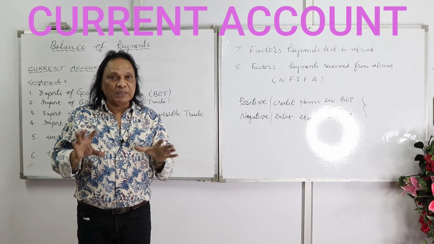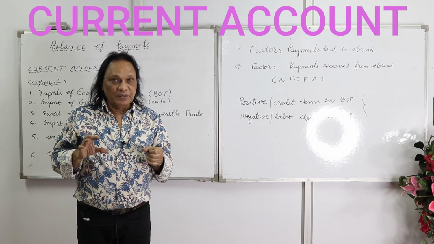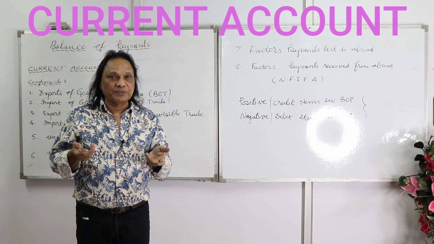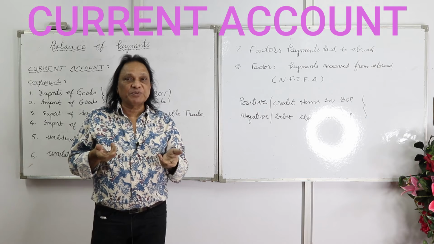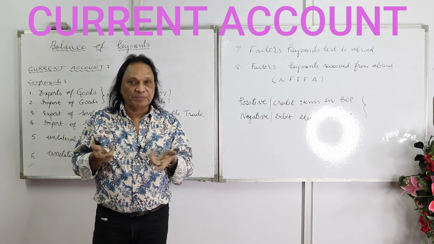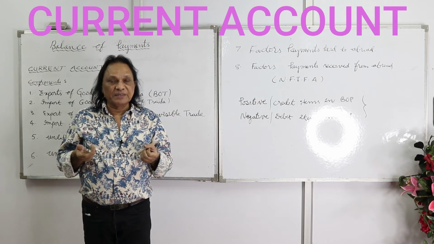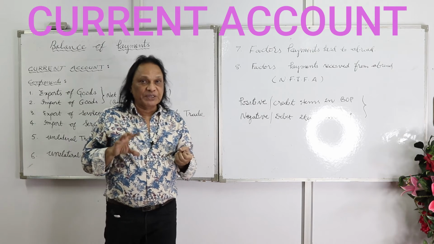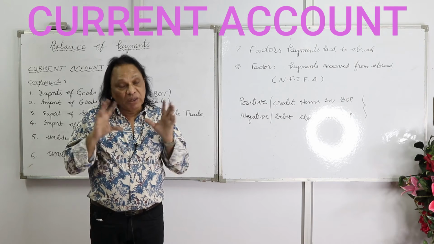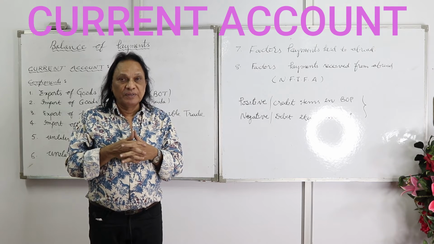Visible items we call goods, and invisible items in balance of payment we call services. So we'll be discussing its minute components of visible and invisible items. Let's see all the components of current account.